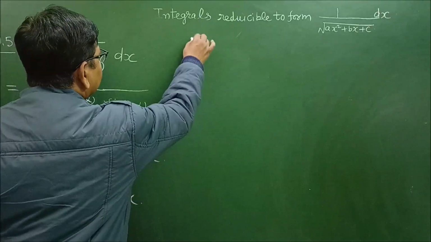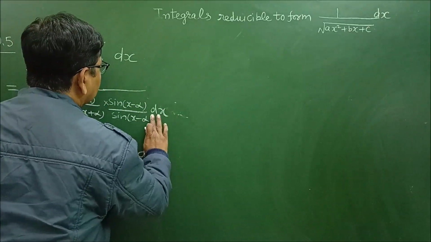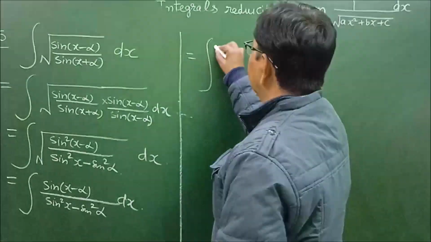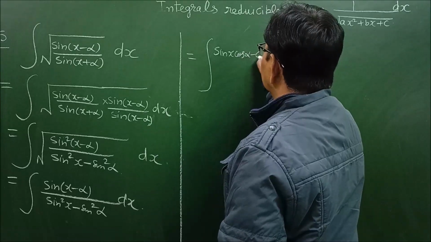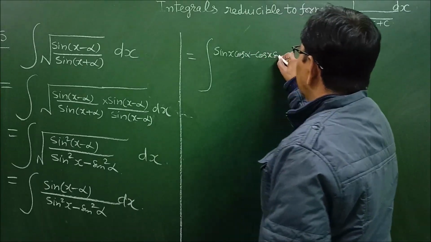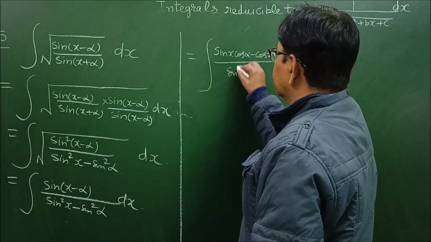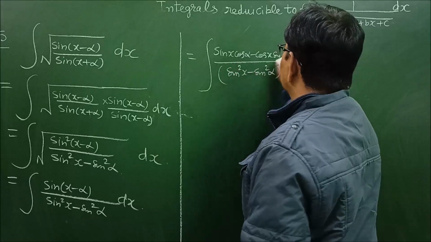Now sin(x − α) can be expanded as sin x cos α − cos x sin α upon under root sin²x − sin²α dx.